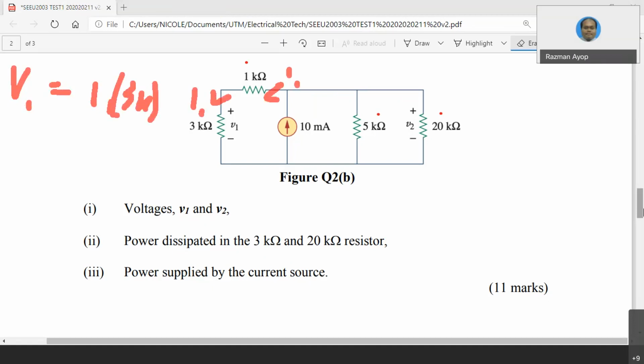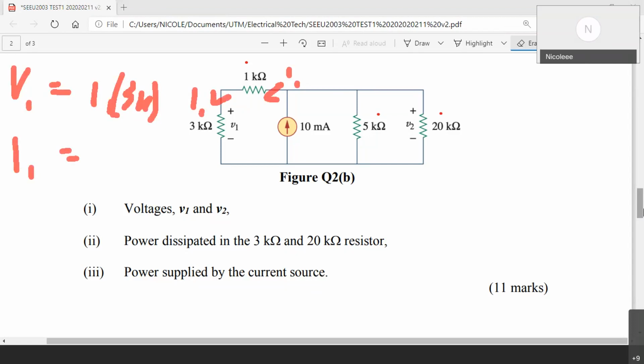By finding the equivalent resistance and then finding out the current that flows through the circuit. That is one way. There are multiple ways. Another way is to use the current division rule.